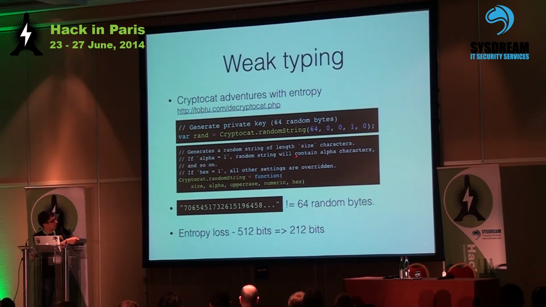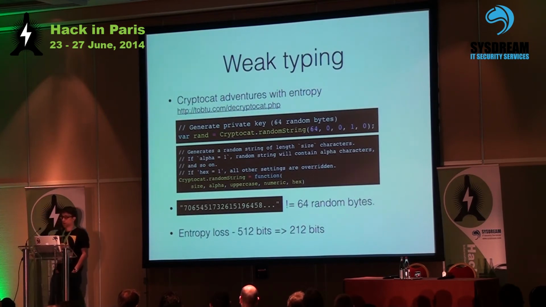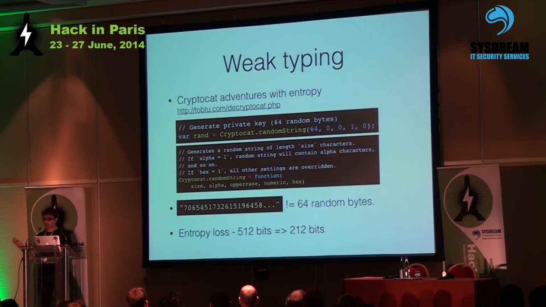But the character set of each byte, when you take a look at those numbers here, is actually only decimal digits. So as you can imagine, there's much less entropy. If you try to generate 64 random bytes, you have over 500 bits of entropy.